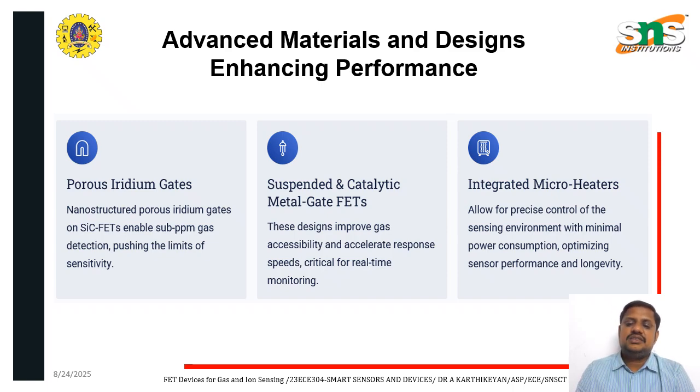Integrated micro heaters are used to allow precise control of the sensing area environment with low power consumption. Optimization of the sensor material performance is also a main advantage here.